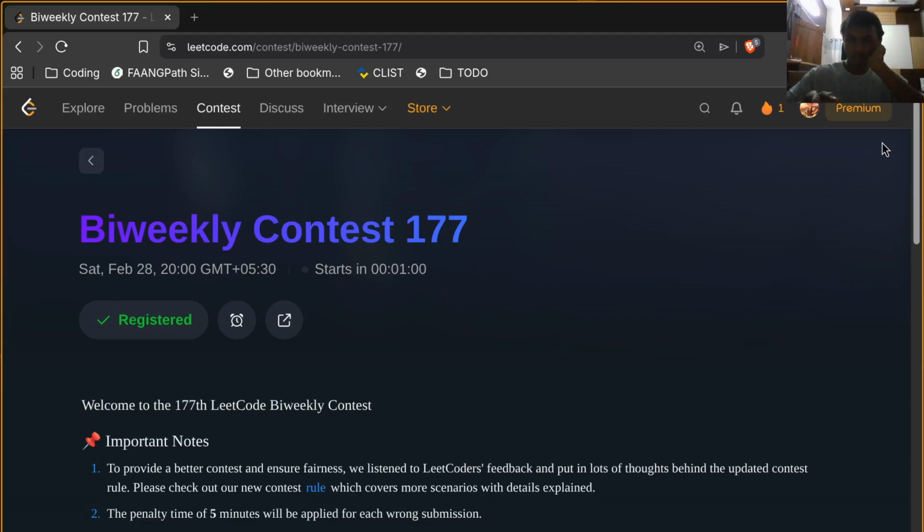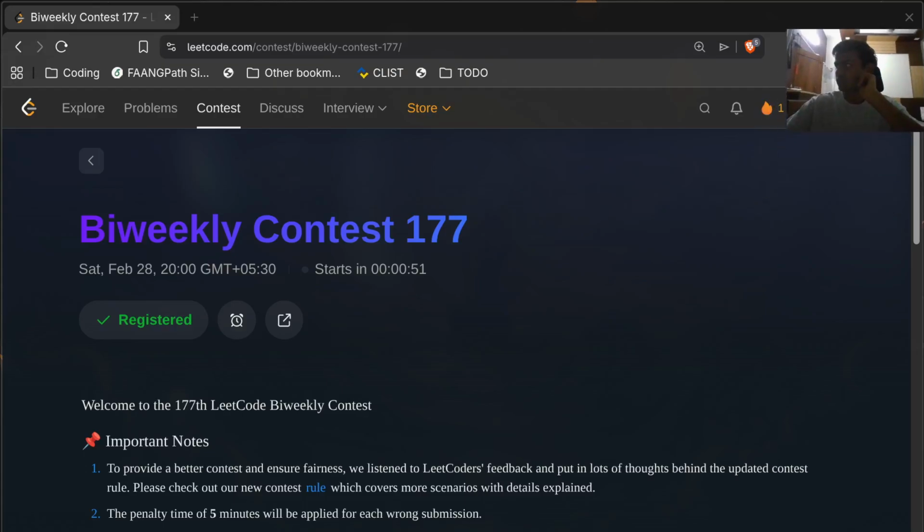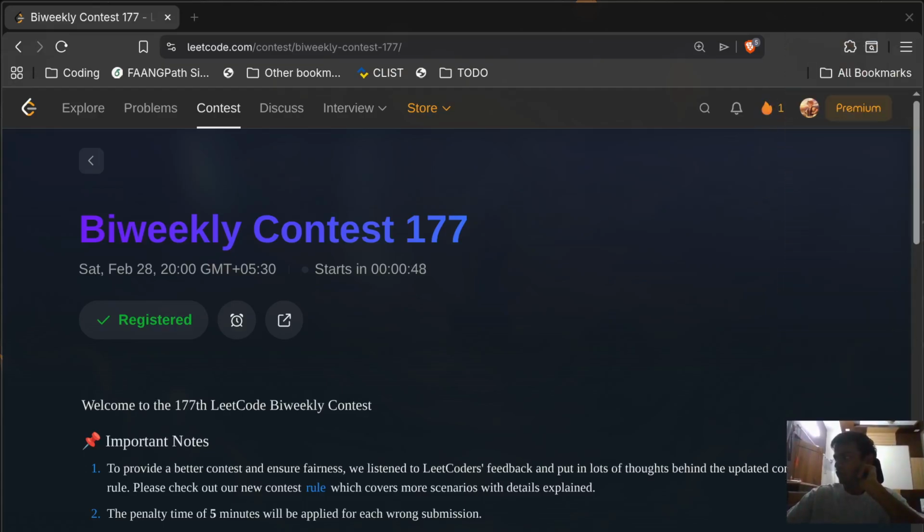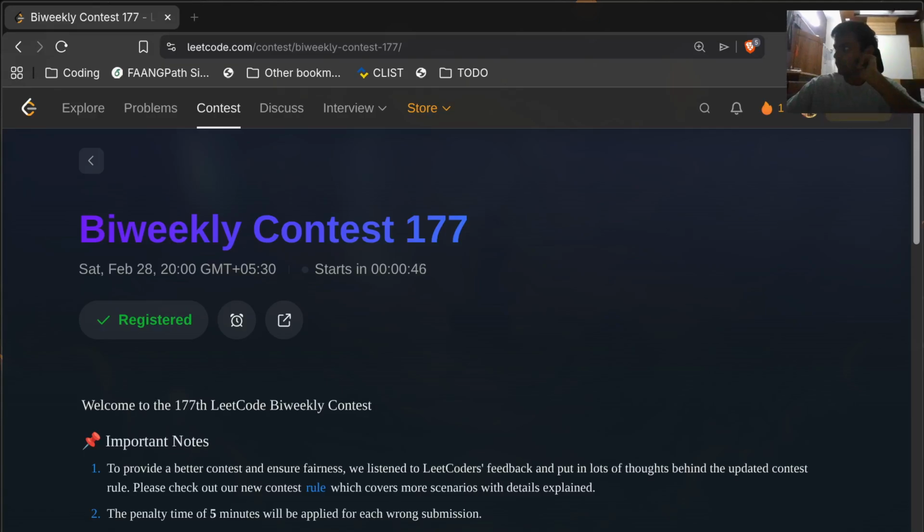So I have one laptop monitor here in front of me, and on the right side I have an external monitor which has OBS running right now. So yeah, I can move around. I don't know whether to keep it at the bottom right or the top right. You guys let me know in the comments.